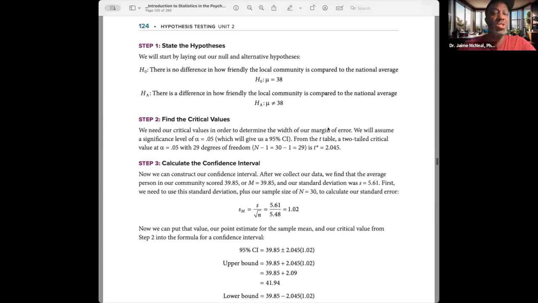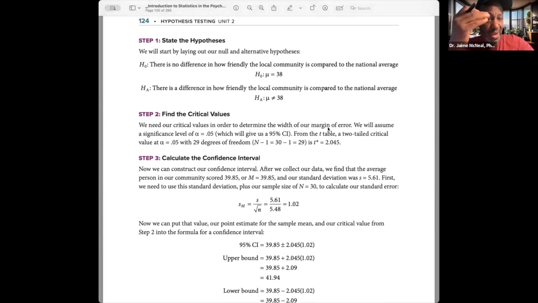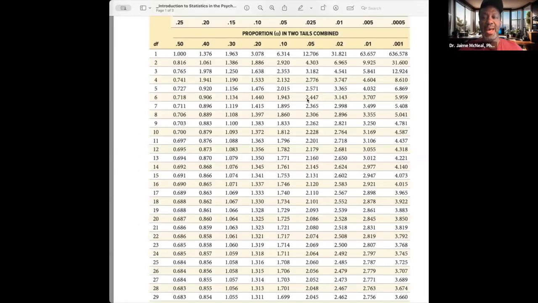All right. So we randomly selected 30 people, so the n is 30. And if the n is 30, the degrees of freedom are n minus 1, or 29. And so we would go to the t chart and look in the two-tail area right here.